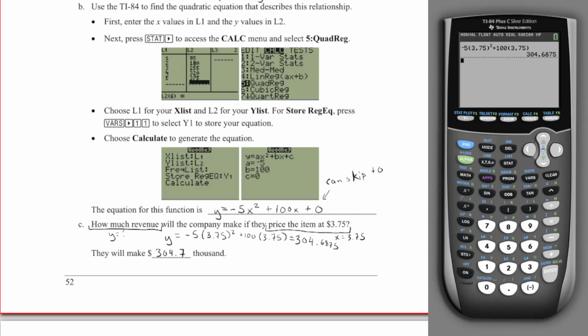Okay, so we know how to answer the kinds of questions where we're given the value of X and we're asked to find the value of Y. We're given the input, asked to find the output. There are 2 other kinds of questions we can ask.